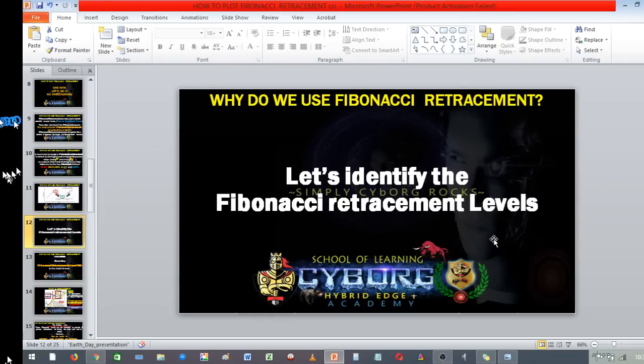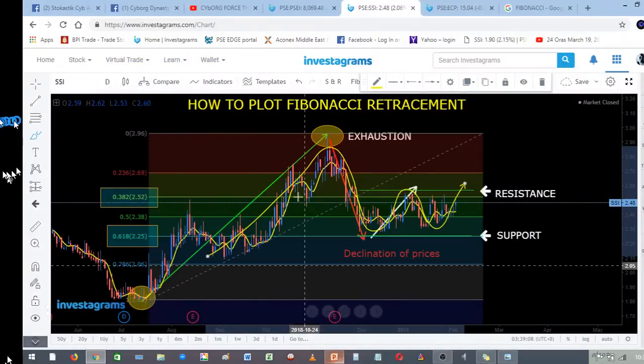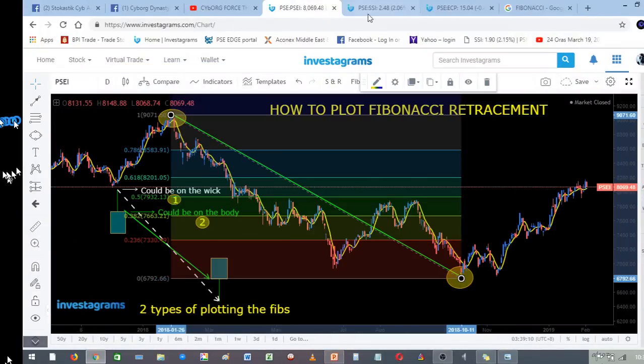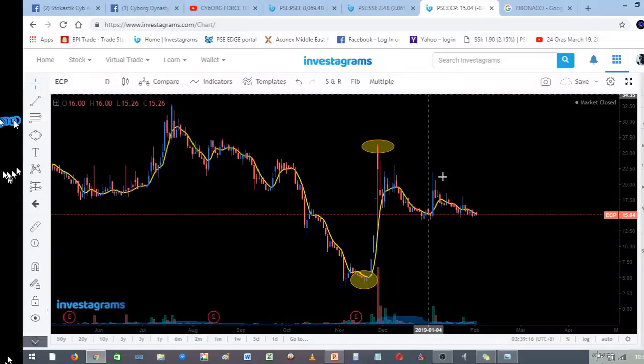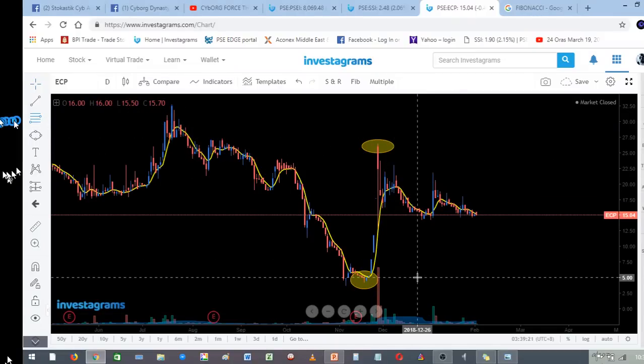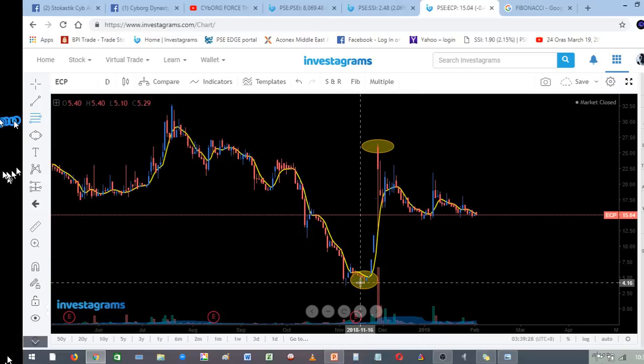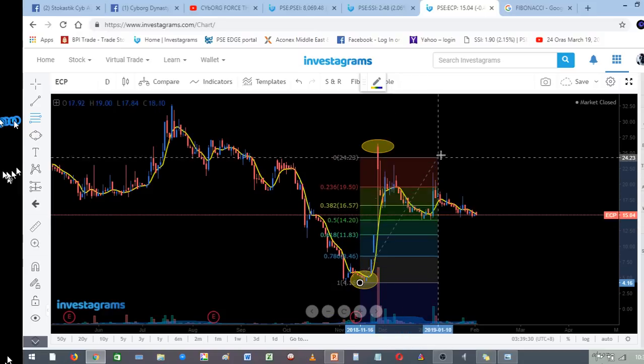Let's identify now the Fibonacci retracement level. By going back to the chart, we will identify the Fibonacci retracement levels. So to recapitulate, to identify now your Fibonacci retracement, from this one swing low to swing high.